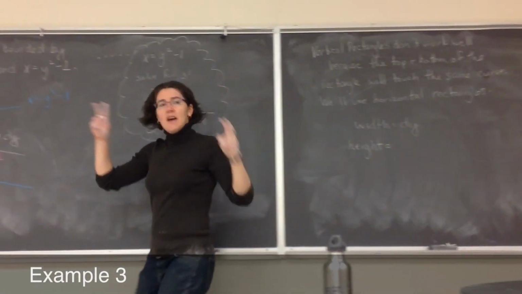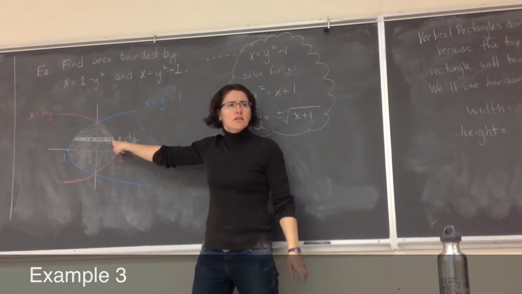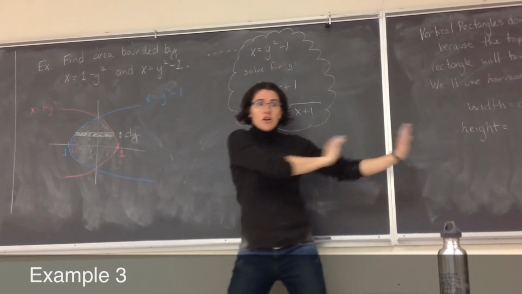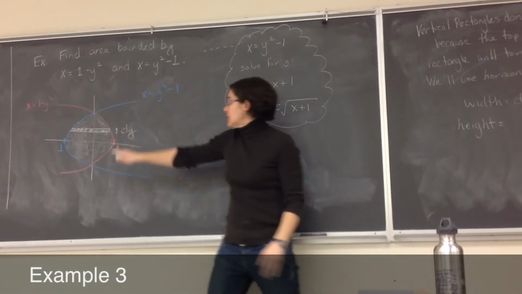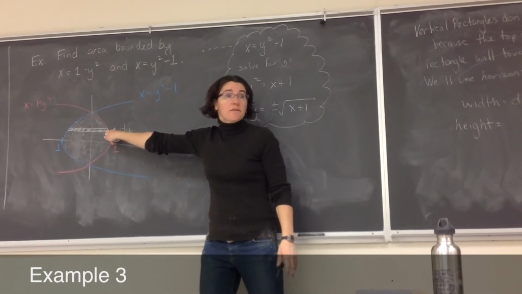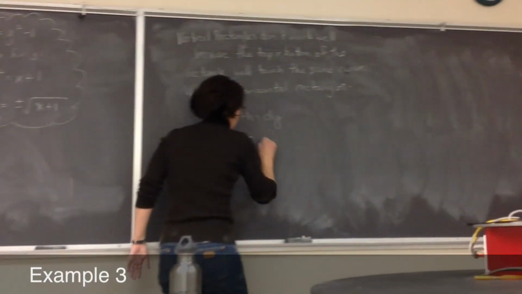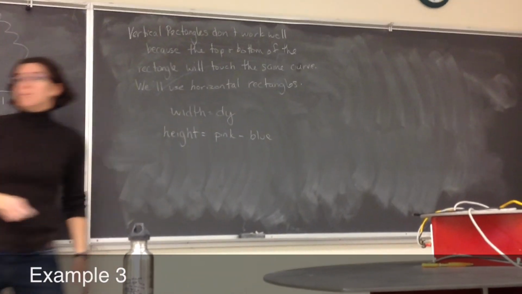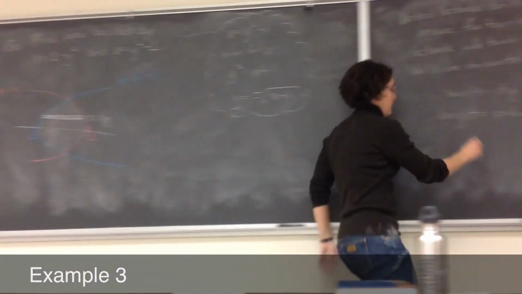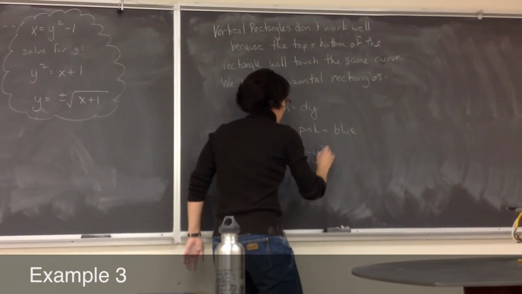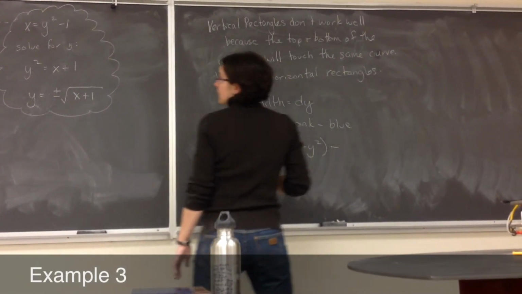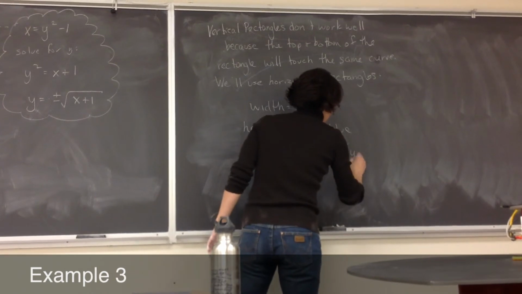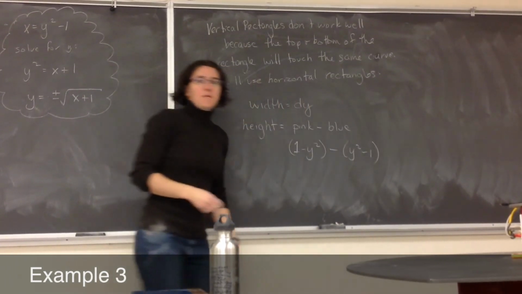And so the top of this rectangle is the side that has larger x values. So in this case, our top side is the pink curve. So our height is pink minus blue, which in this case is going to be 1 minus y squared minus y squared minus 1.